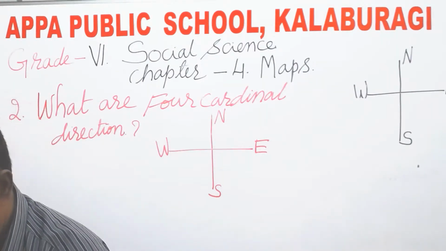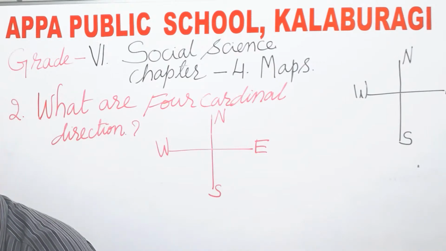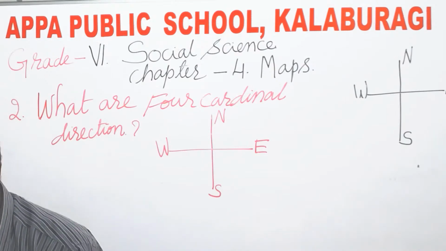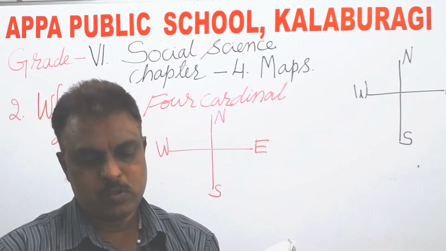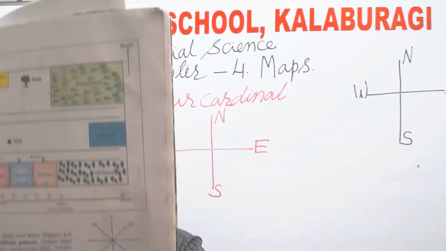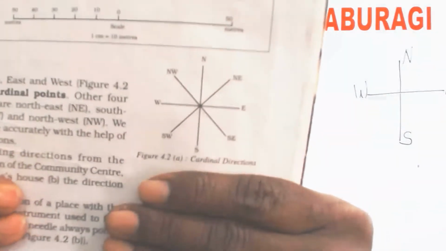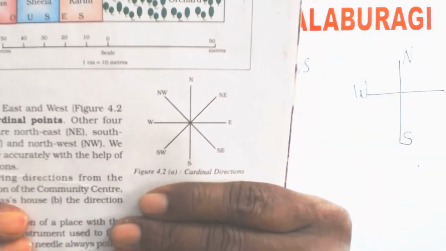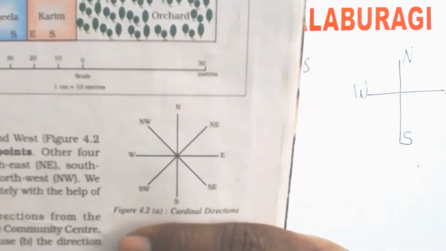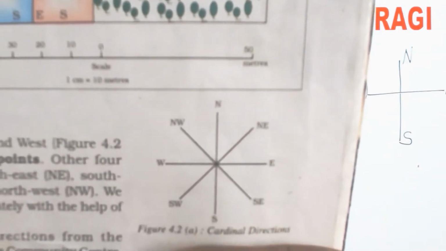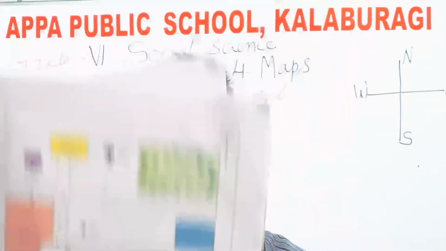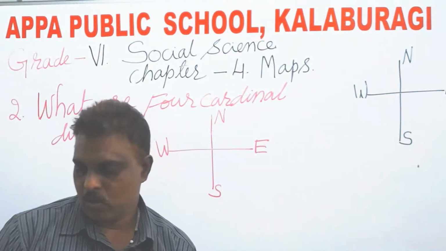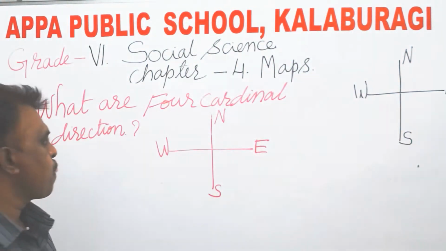So in this book, how do they mention the cardinal directions? These are the cardinal directions they mentioned. North, south, east, and west. These are the four cardinal directions.